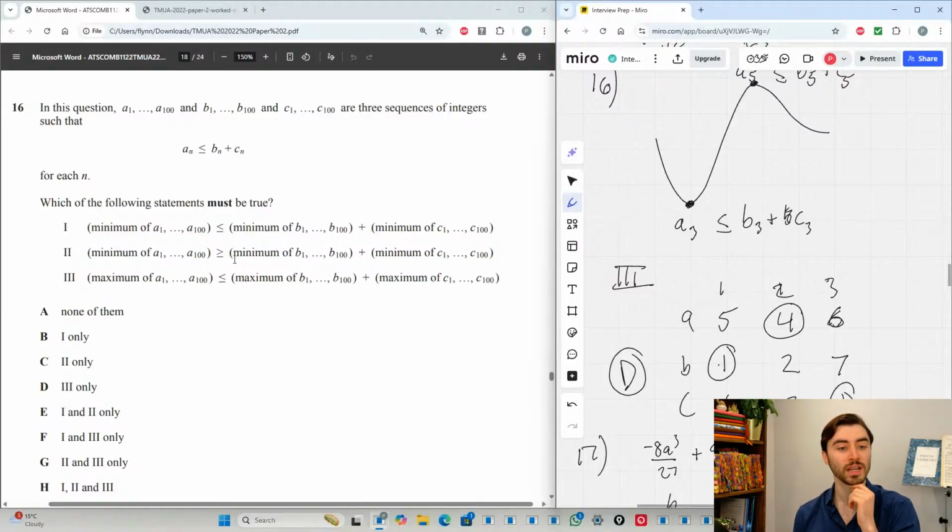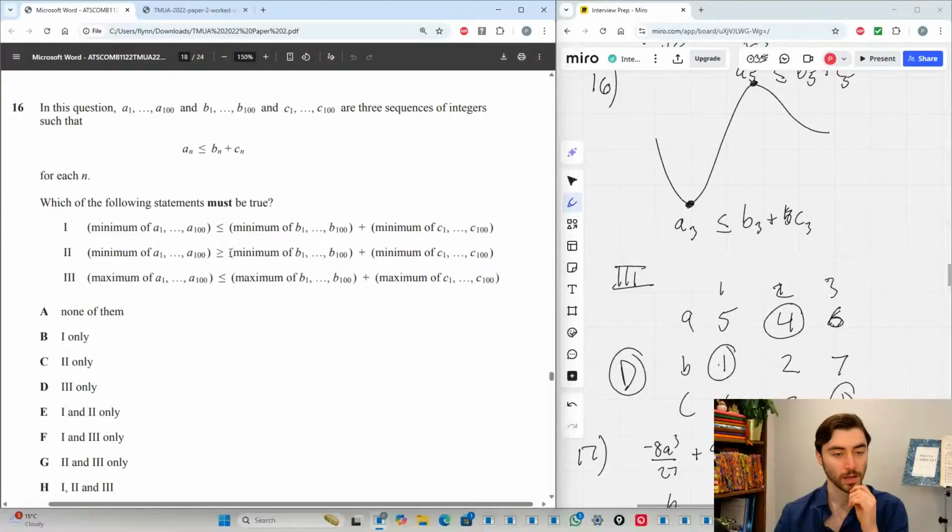So I can engineer it such that the minimum of A is bigger than that, so 1 doesn't have to be true. And you can also engineer it such that if all of them are minimum on the same index, so if A1 was the minimum and B1 was the minimum and C1 is the minimum, you can easily construct it such that 2 doesn't work either.